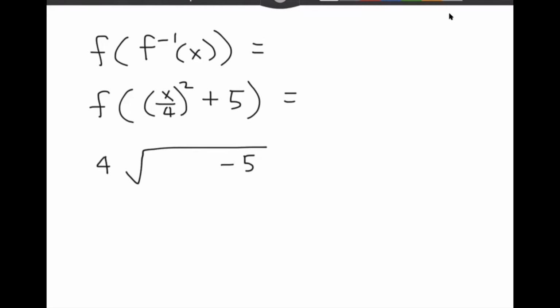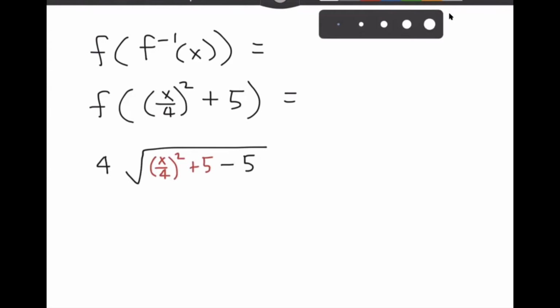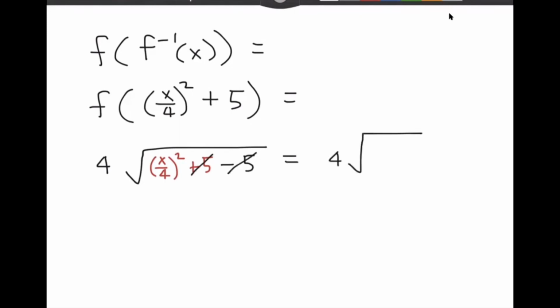Okay, so let's stick x over 4 squared plus 5 in here. So the first thing that's going to happen there is that the 5s are going to drop out. That's going to leave me 4 times the square root of x over 4 squared.